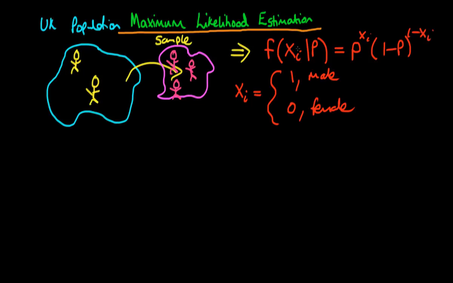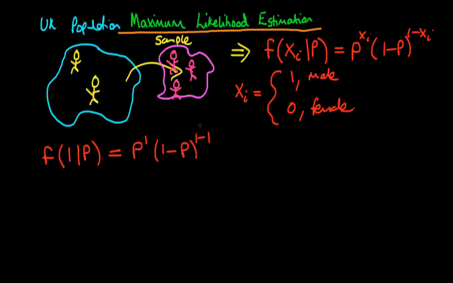This looks quite complicated, so let's talk through how it actually works. If an individual in our sample is male, then what value does f take on? This is a function of 1 now, given that we have the probability p. If we substitute in 1 for xi, we have p to the power 1 times 1 minus p to the 1 minus xi.